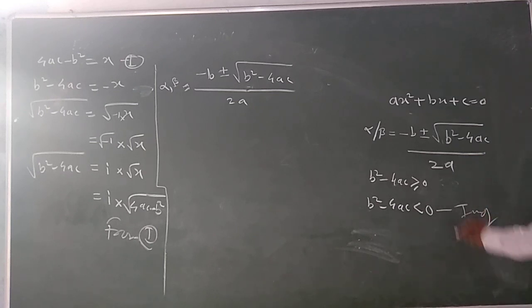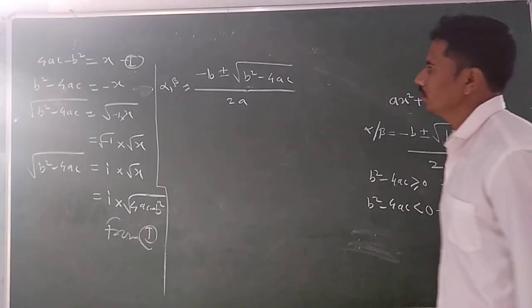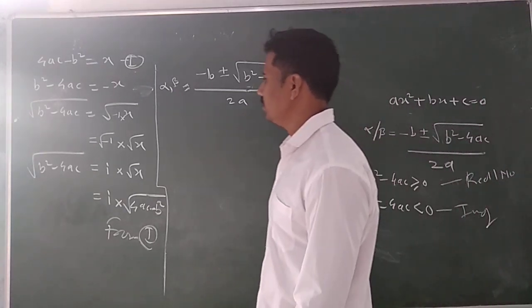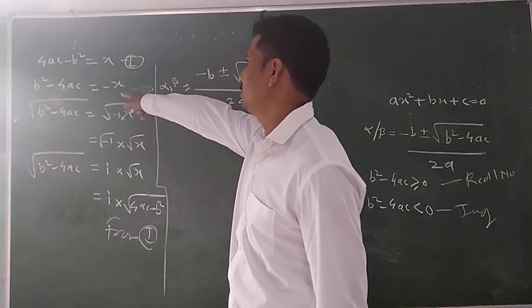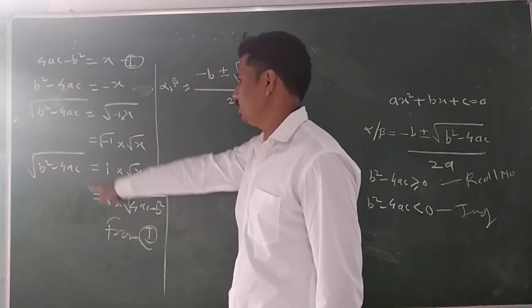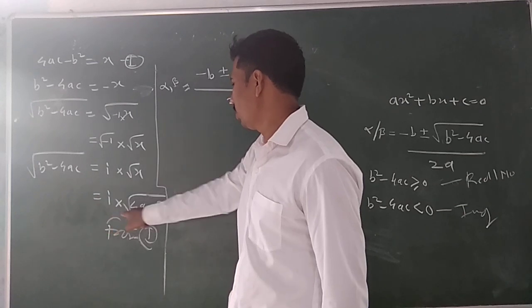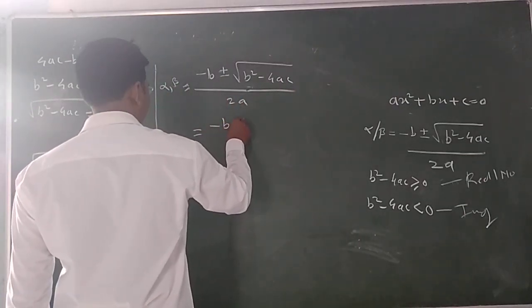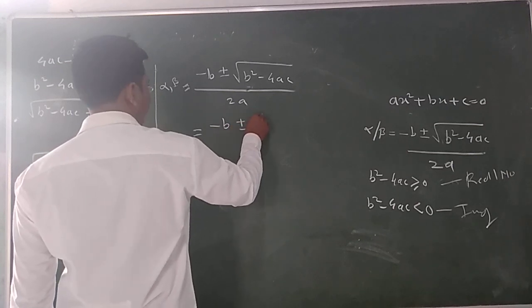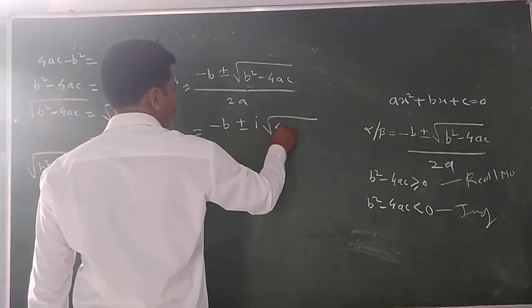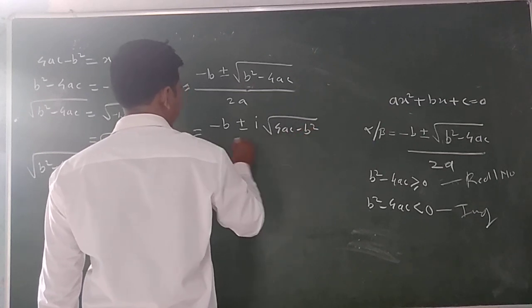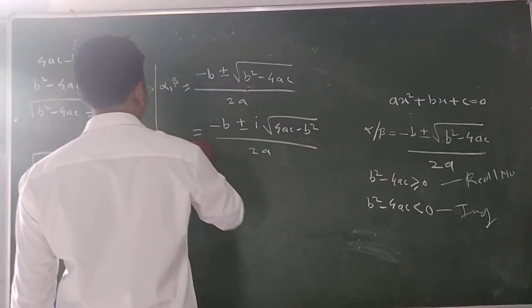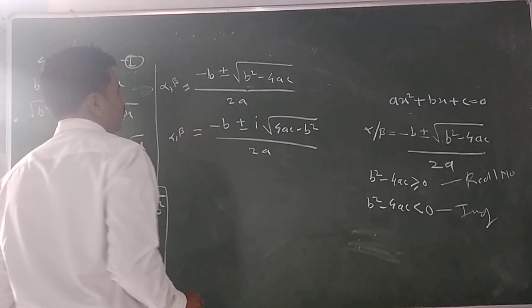When b square minus 4ac is less than 0, that means it is negative, so what is the value under the root? We got minus b plus minus i under root 4ac minus b square divided by 2a, alpha comma beta.